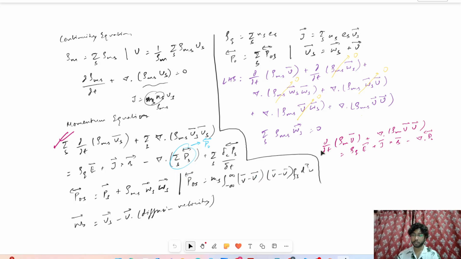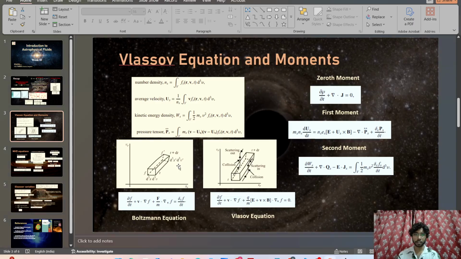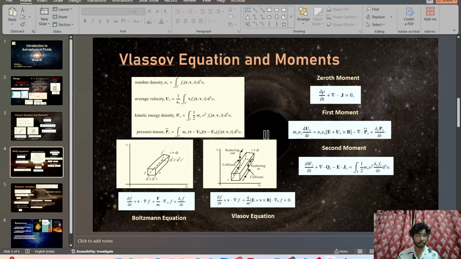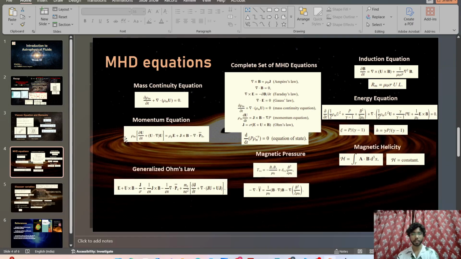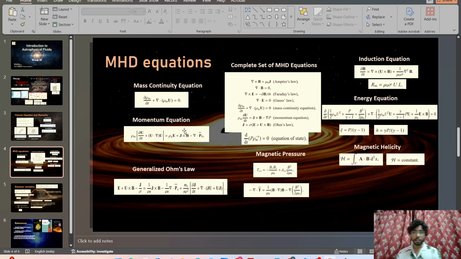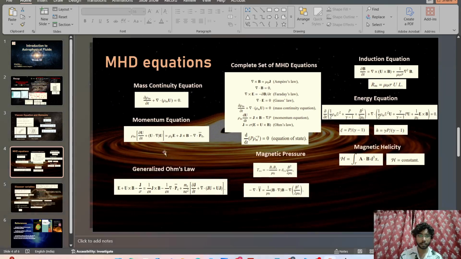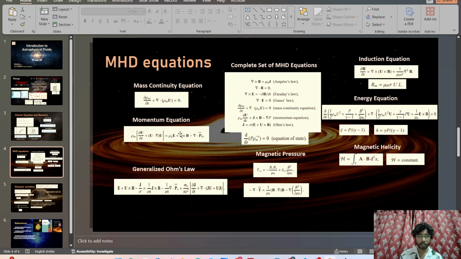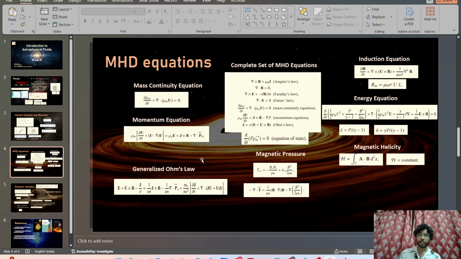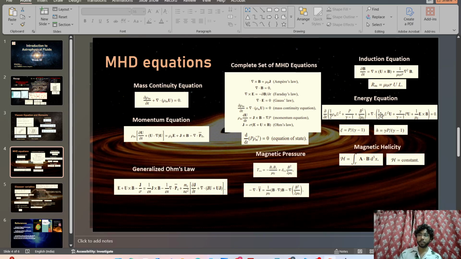Right. So these two terms from the LHS and the RHS is this, and this is what the momentum equation is. This equation. Yeah. So this term is just the u dot del u term.